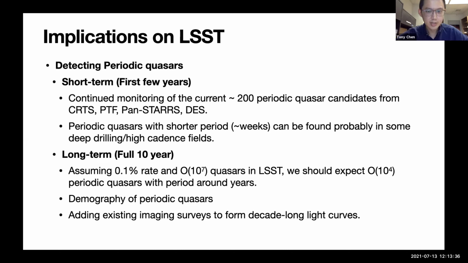Those 10,000 periodic quasars might help us study the demography of periodic quasars, whether they are from binary black holes, QPO, or other physical interpretations. We can also add this good data set to existing imaging surveys like ZTF or DES, and form a decade-long light curve to search for long-term variability.